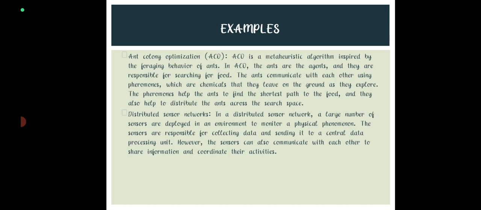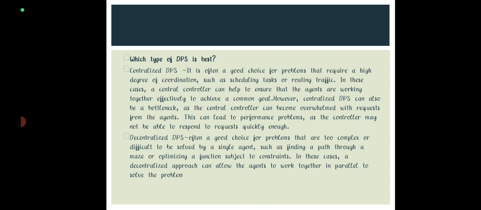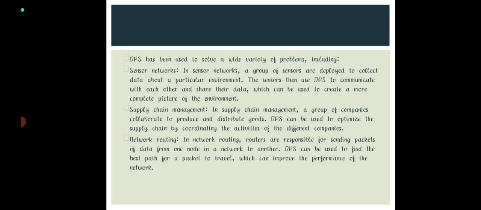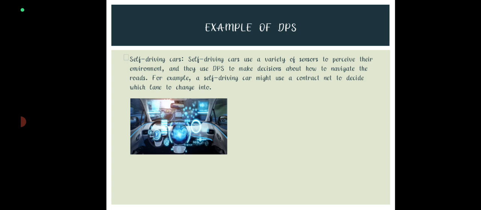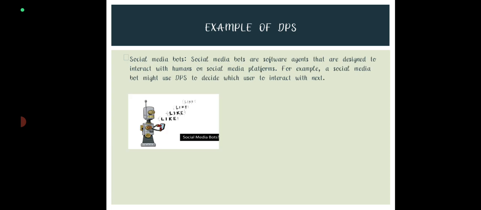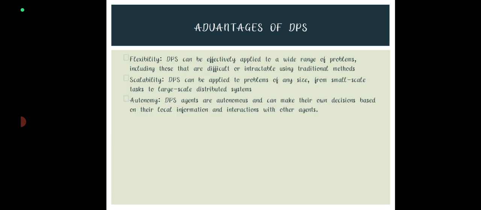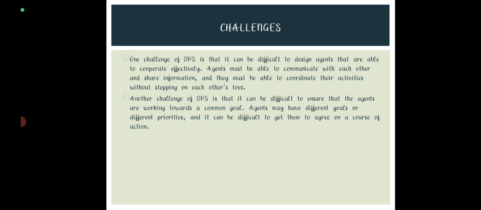And we discussed examples of these two types, and we defined which type of DPS is best. We also covered the key concepts of distributed problem solving, examples of distributed problem solving, the advantages of DPS, and the main challenges of agent based and distributed problem solving.